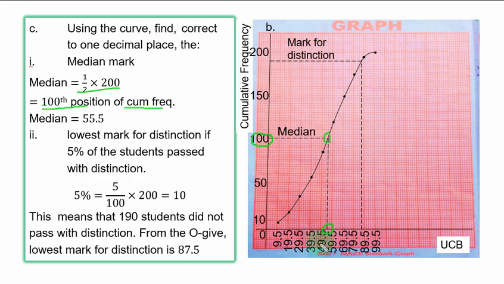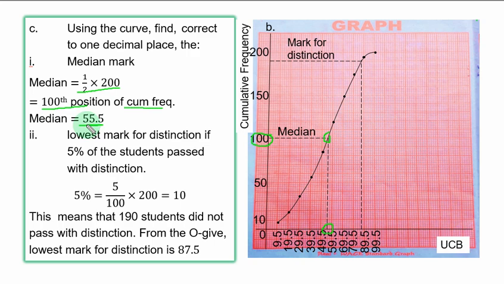So after 49.5, the first line is 51.5. The next line, the second, is 53.5, and the third is 55.5. That is why the median is 55.5.